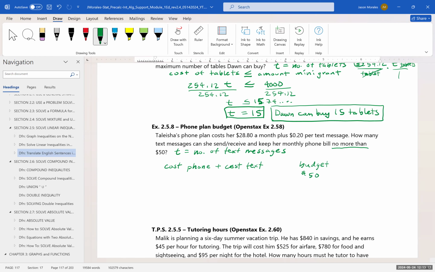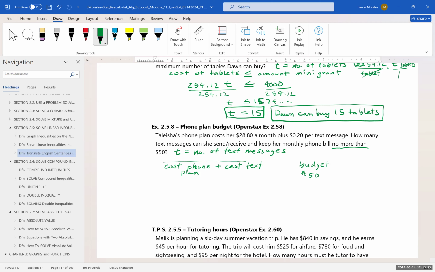She can't spend more than what she's got, and that's the point of a budget. You want to make sure that you're not spending more than that. Now, you can spend equal to that amount, but you just can't spend more than that.